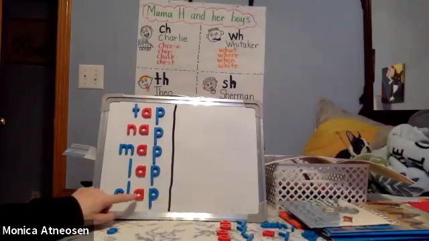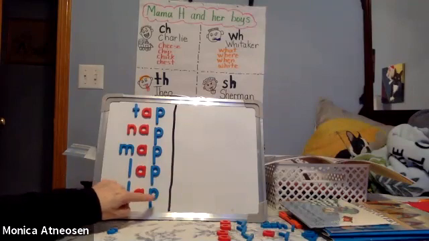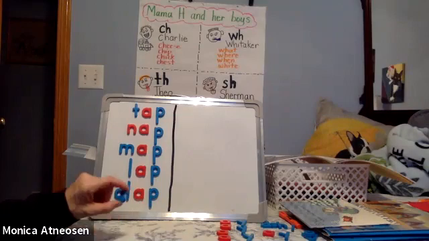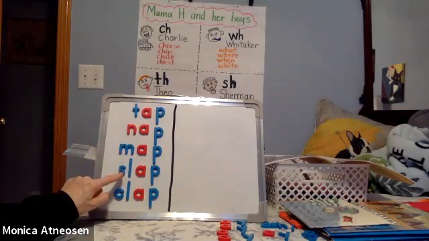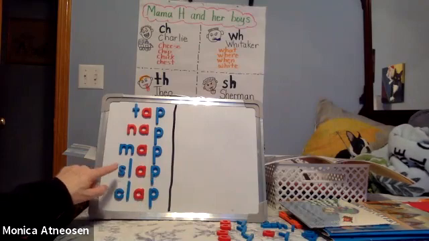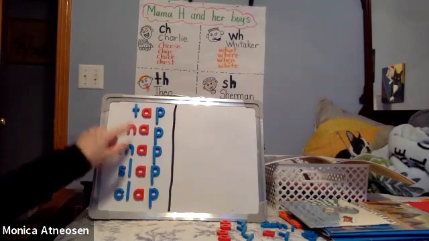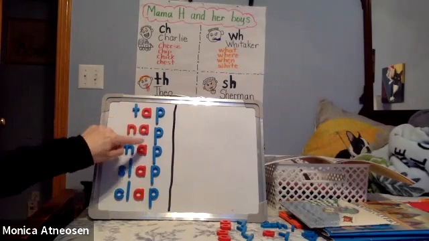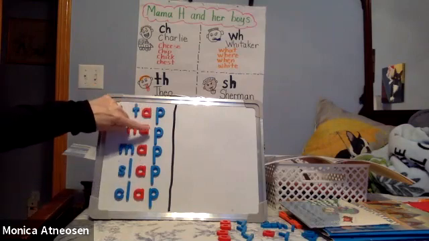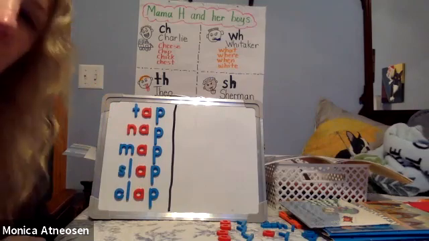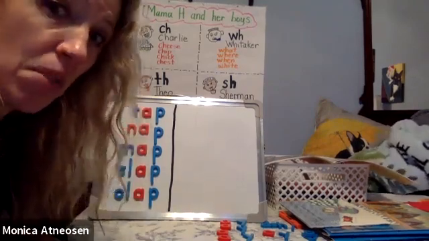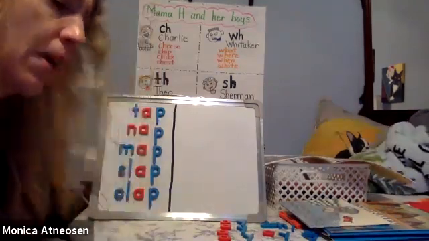Cla, app, clap. Now let's say I want to take this S and put it here. We would get app, slap. All those words are in the app word family because that chunk, or part of the word, app all looks the same, just like me and Elizabeth. I'll have to show you a picture of her sometime.